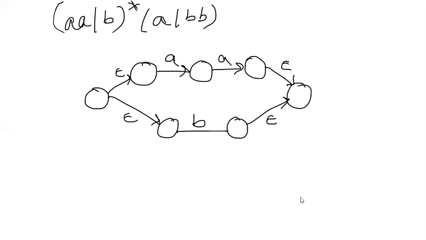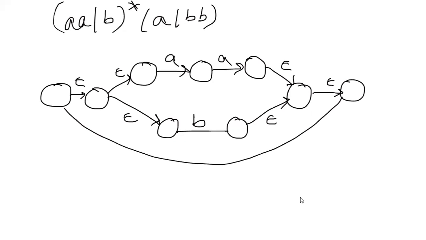Then since it's a star, I will put another new start state here and another new final state here. And 0 repetitions, at least 1 repetition. Okay.